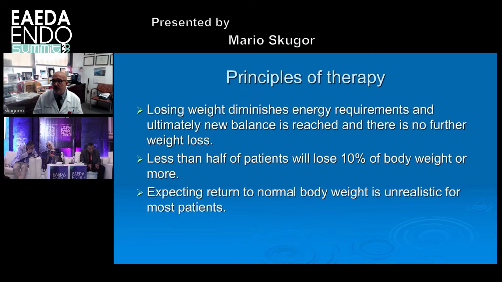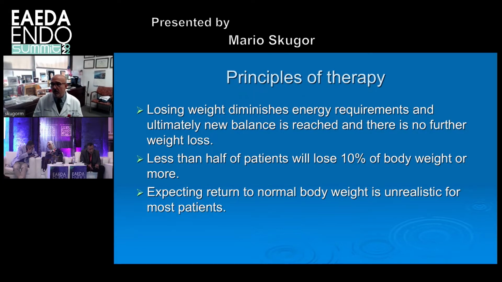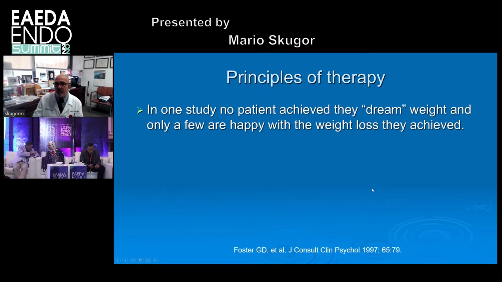Now, when people are morbidly obese or moderately obese, it is really unrealistic to expect that you'll be able to return to the normal, perfect body weight. And the expectations of the patients are frequently unrealistic.